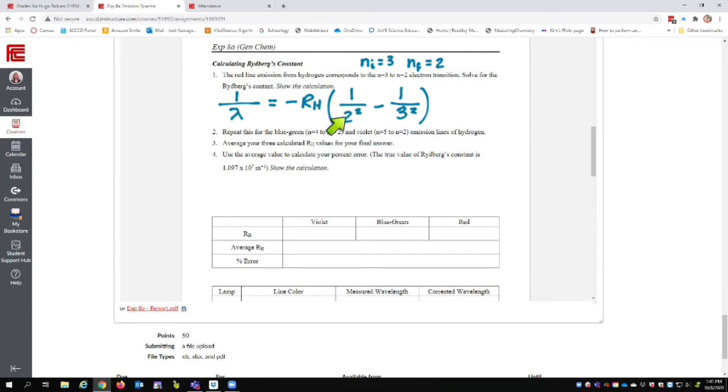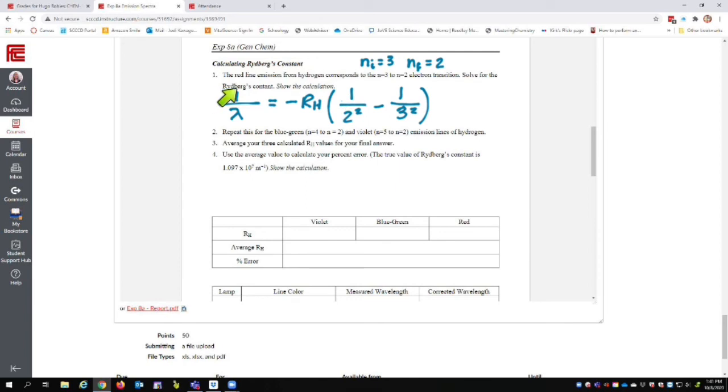Don't worry about taking these fractions and simplifying them and subtracting them and getting common denominators. This isn't math class. Just do it on your calculator. Just do 1 over 4. 1 divided by 4 minus 1 divided by 9 equals, and get this value.